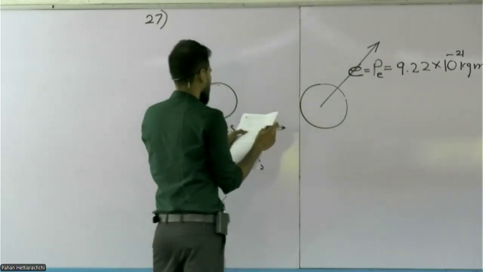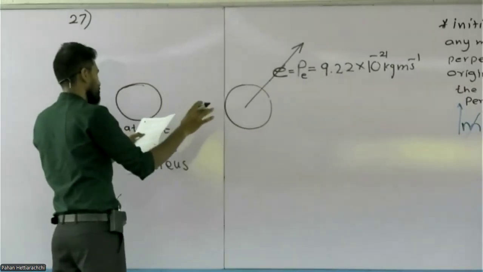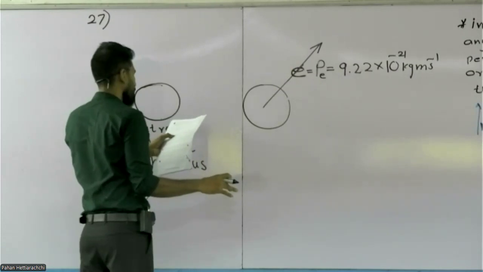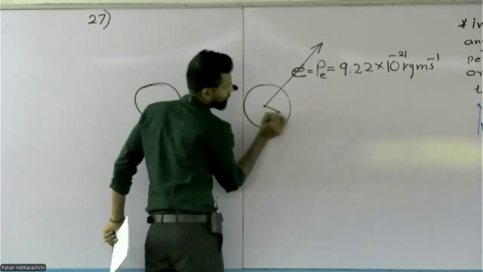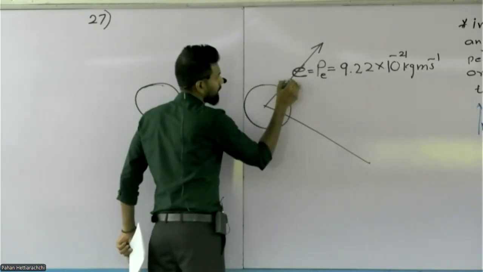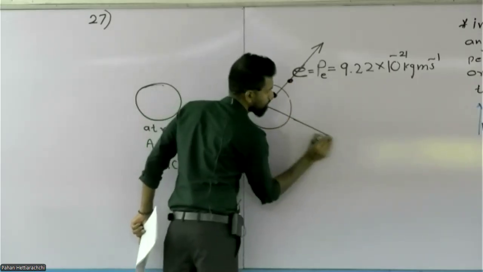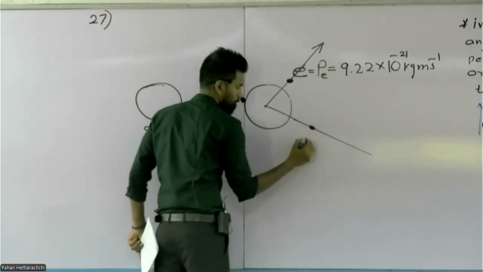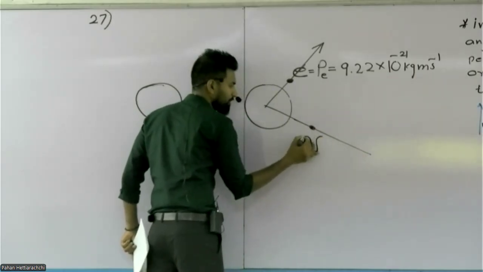The atomic nucleus initially at rest decays into an electron moving with the momentum this much and a neutrino moving in the perpendicular direction. Okay, there's a neutrino. So this is the electron, this is the neutrino. Symbol of neutrino is something like this.